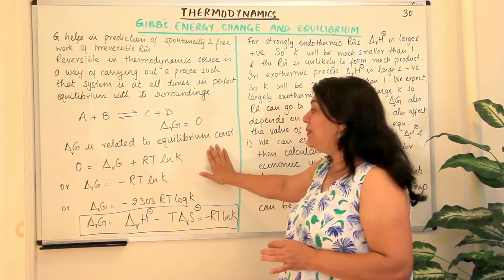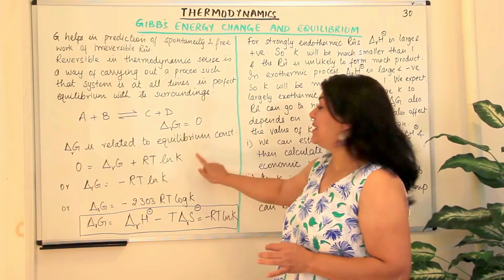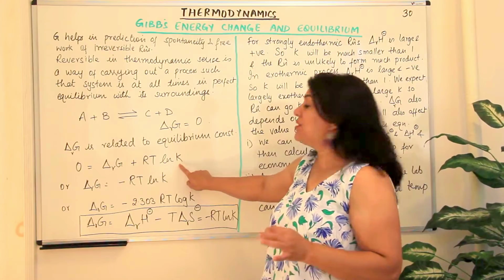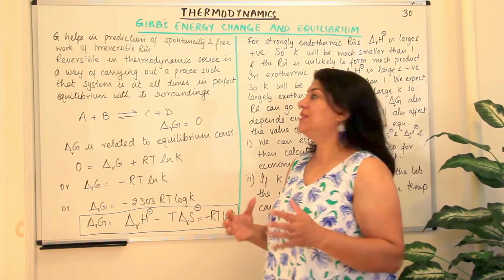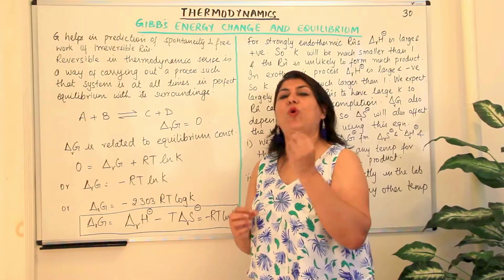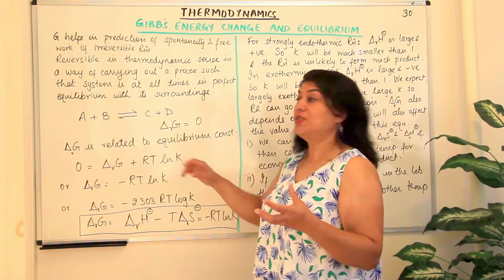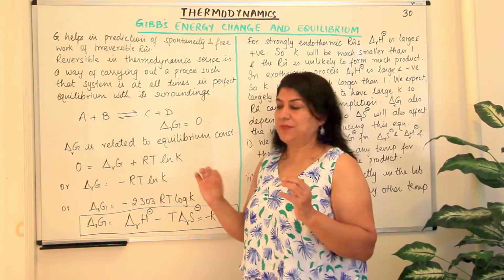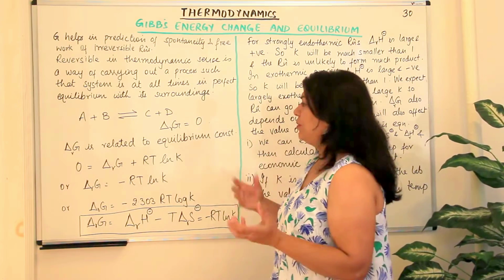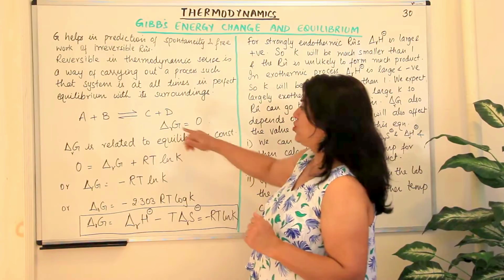Now, what is the equilibrium constant? It is represented by K, and it is actually in terms of concentrations, or in terms of pressures, partial pressures if the reactants and products are gaseous, and concentrations if they are in other states also.